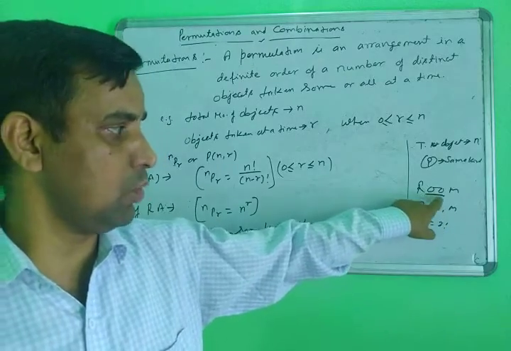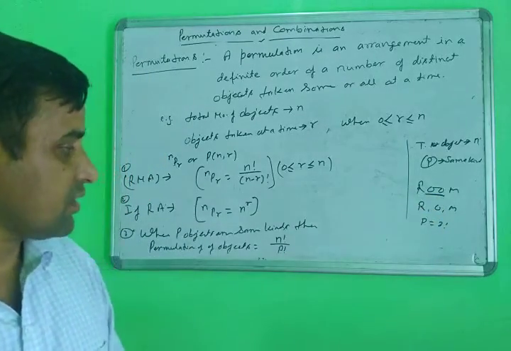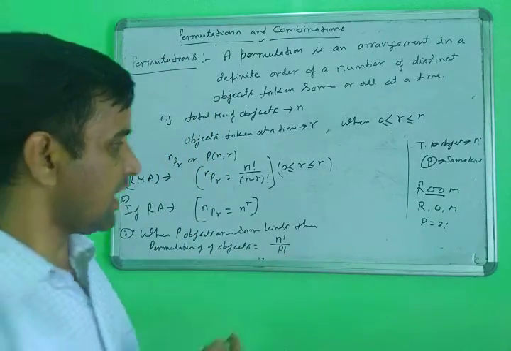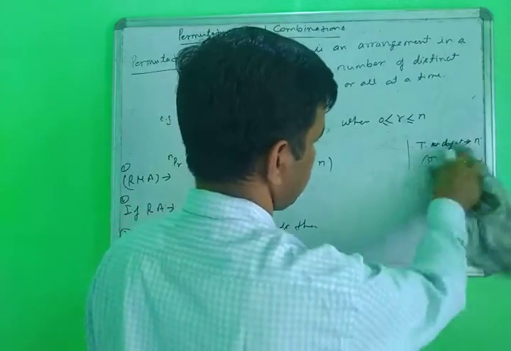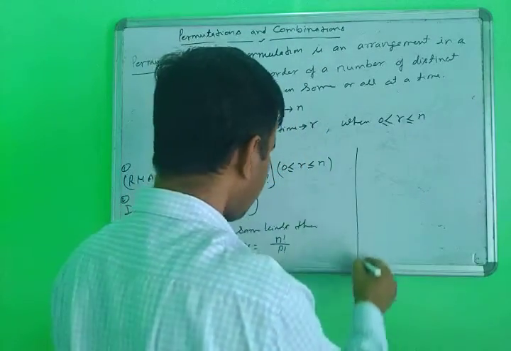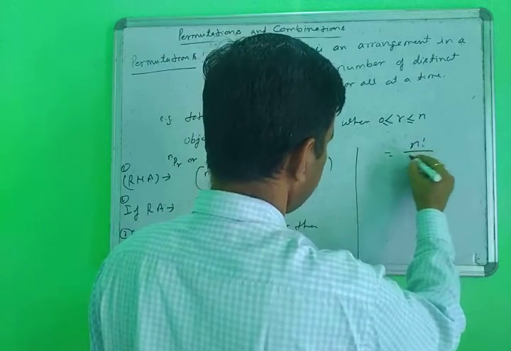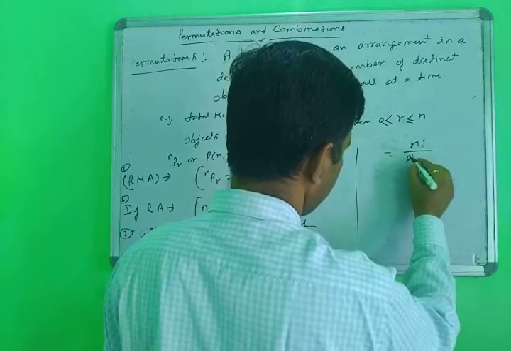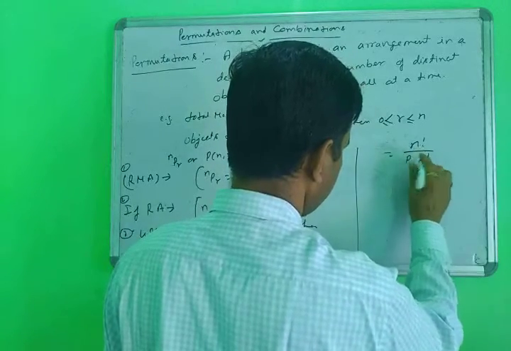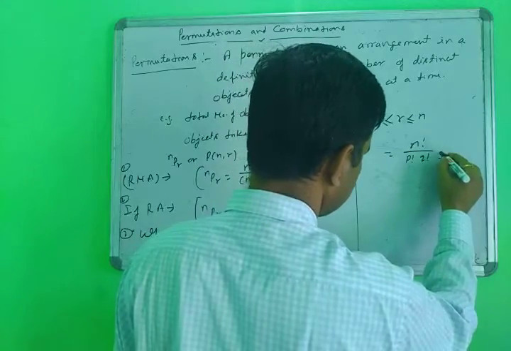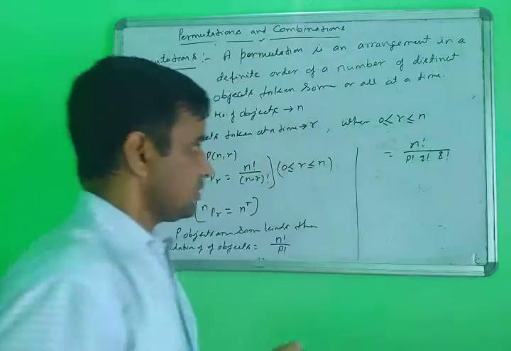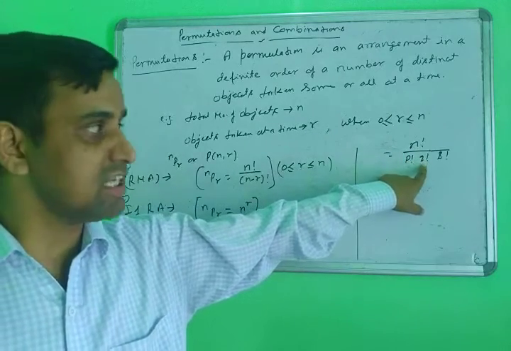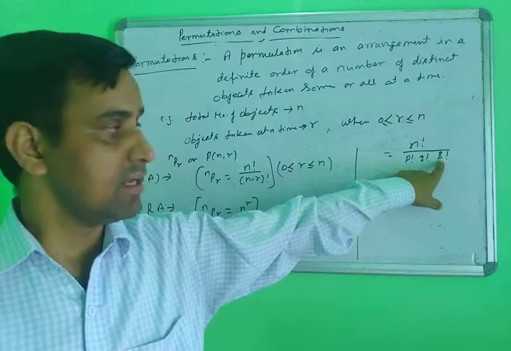Suppose more than one letter is repeating, for example M repeating and R also repeating. Then you write factorial n divided by factorial P, factorial Q, factorial R, factorial S. Factorial P means P objects are the same kind, factorial Q means Q objects are the same kind, and factorial S means S objects are the same kind.